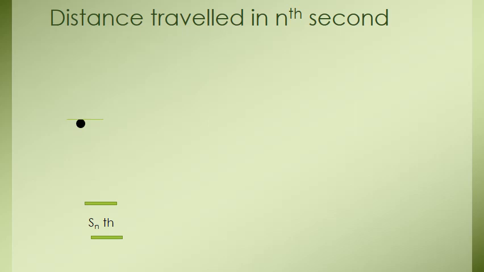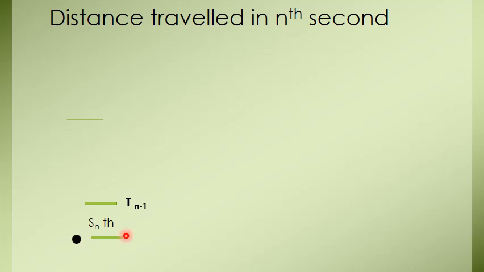Suppose a body is falling freely and it reaches the ground after n seconds. Then what is the distance traveled in nth second? That is what you have to calculate.